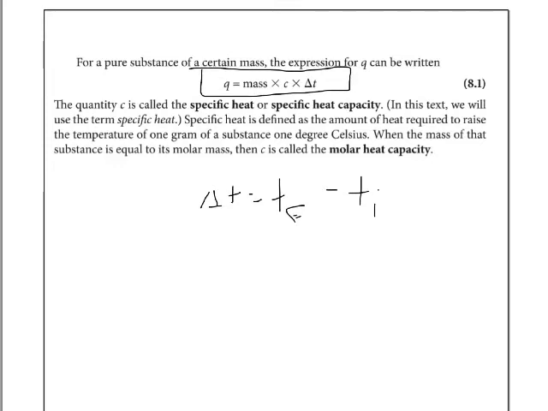And that will make a big difference in terms of the signs, whether you have a plus or minus, which will also determine whether or not you have an exothermic or an endothermic reaction.